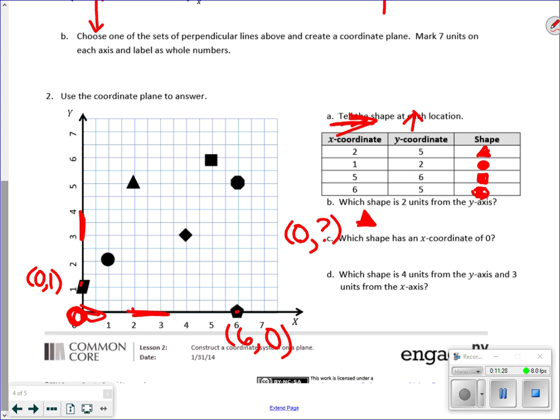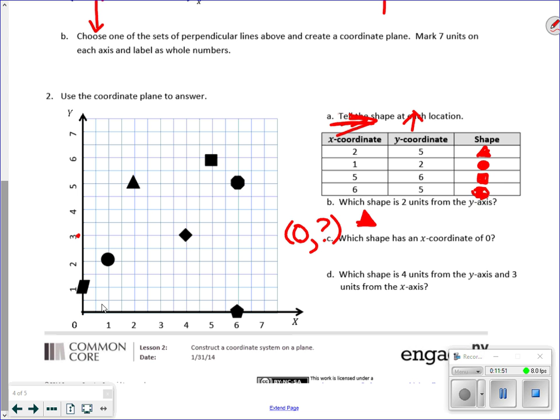Now, which shape is 4 units from the Y? So we've got the Y. We're on the Y. And it's telling someone, go that way, 4 units.